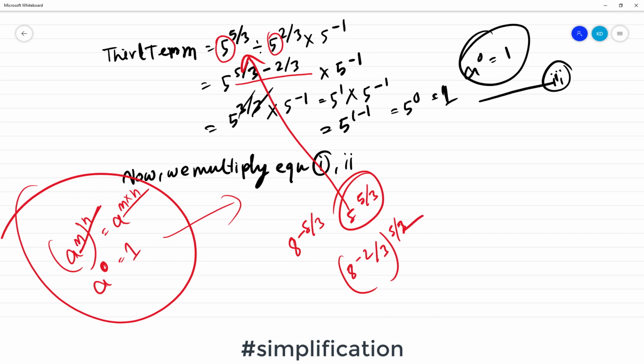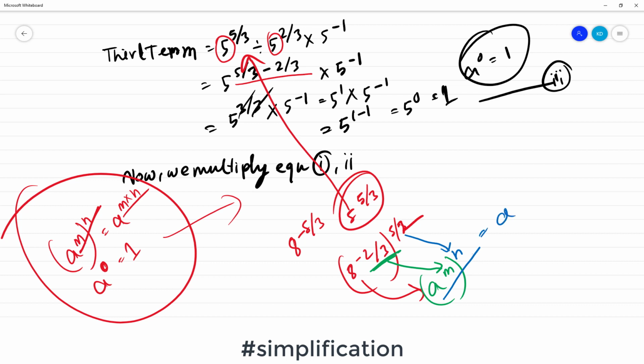So what we need to do, actually this is nothing but a, and this one is m, and bracket close, and this one is n. So when you see this problem, we need this tool.